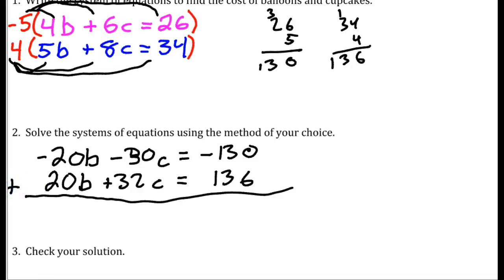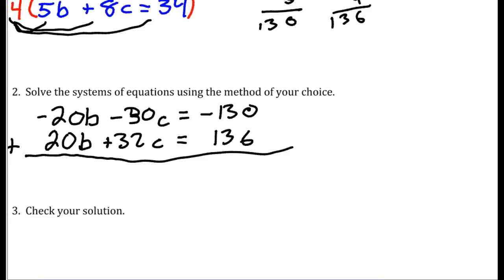There we go. Add them up. We have 2C equals 6. And we can divide by 2.